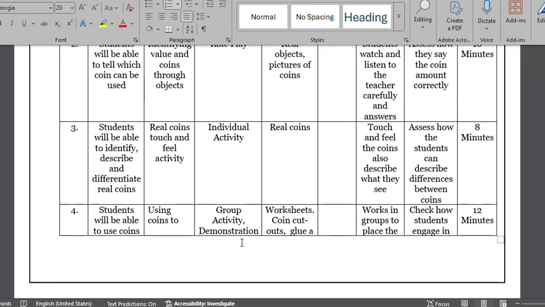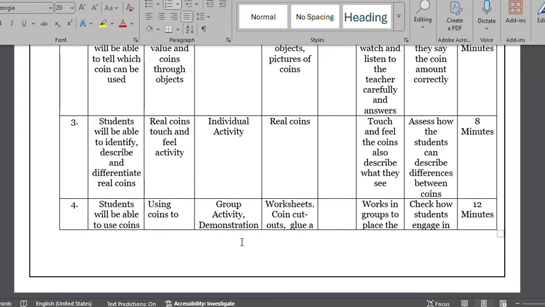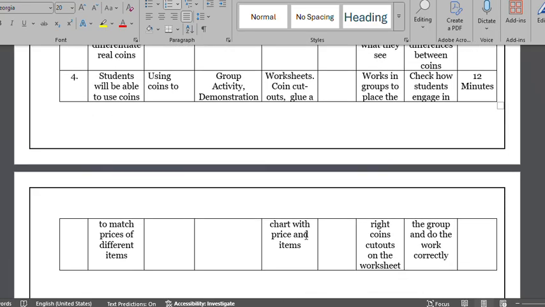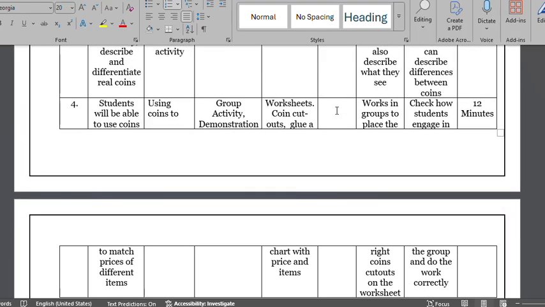And then the group activity. For the group activity we need worksheets, coin cutouts, glue, and a chart with price and items. As a teacher activity we want to mention that the teacher will divide the students into groups, and they will be given worksheets.